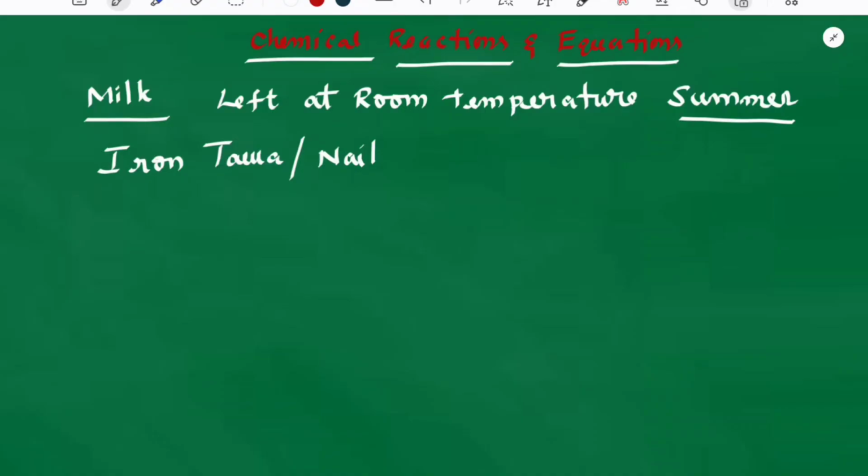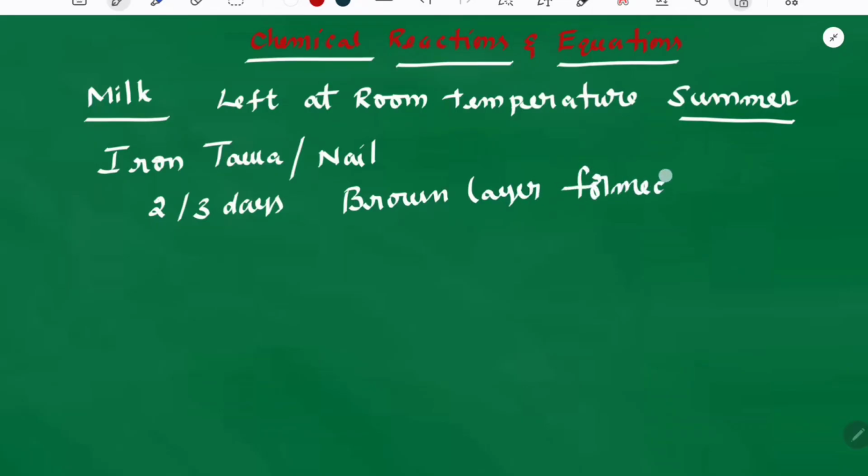Some brown color coating will form. If you leave it 2 or 3 days, what happens? The brown color layer formed on the surface of the nail.